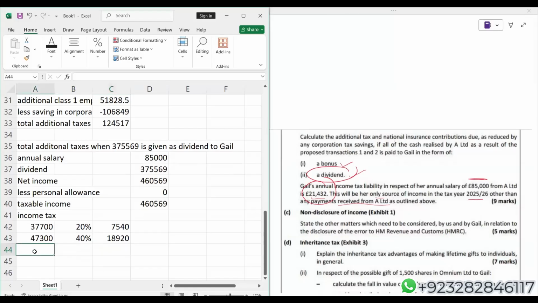Can I say when it comes to dividend income, every individual gets nil rate band of £500 irrespective of their tax paying status. £500.